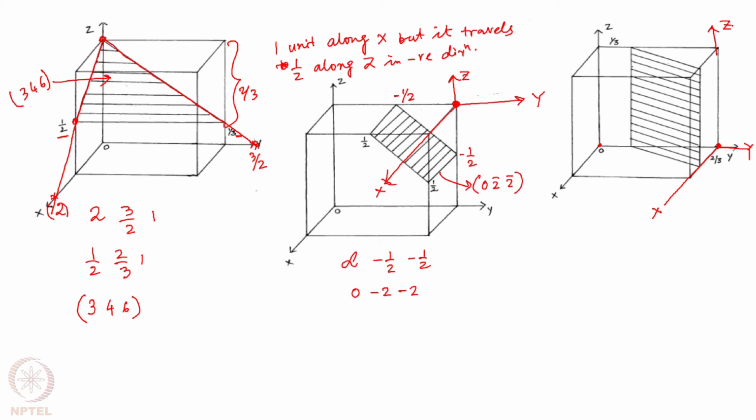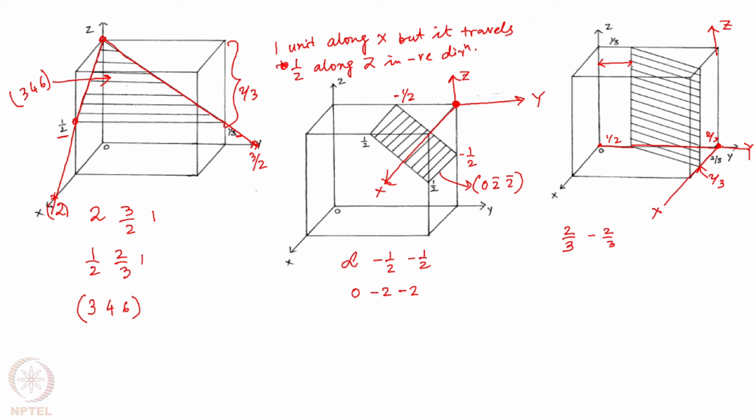Now with this new origin, we see that this plane meets the x axis at 2/3, and the y axis it meets at minus 2/3, because this 1/3 is measured from the old origin. So this is 1/3, and the remaining portion on that side is 2/3.